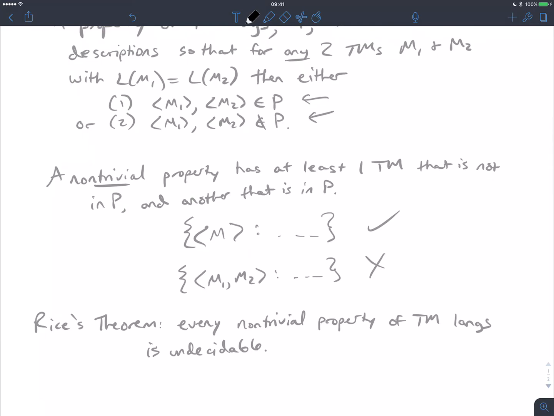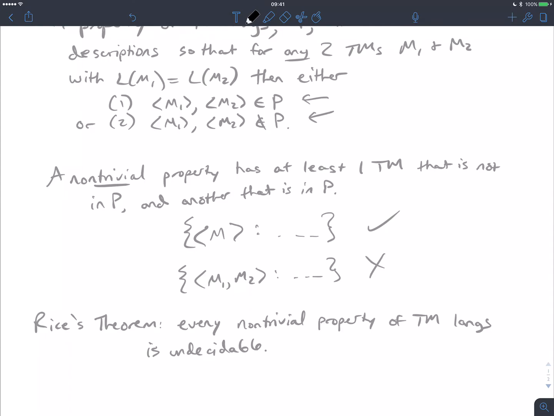No, not yet. I mean non-trivial property of Turing machine languages. There could still be undecidable properties that don't entirely have to do with language, for example, the language is empty and has at least 5 states. That's undecidable, but it's not a property of the language.